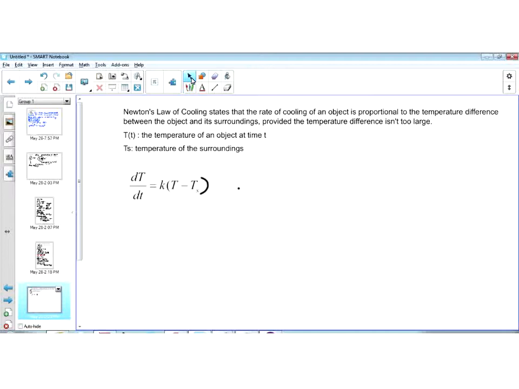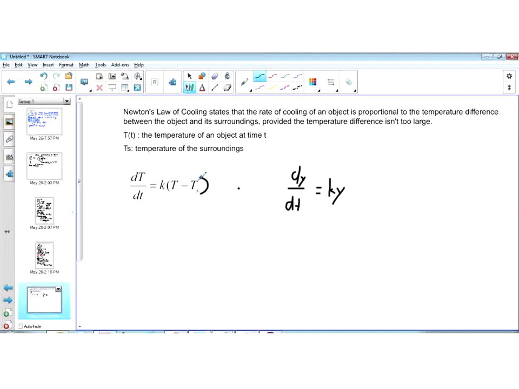All right, so let's do an example. The problem with this differential equation is that it is not the same as the one we've been working with up to this point. The one we've been working with has been, say, the change in y with respect to t is equal to ky.